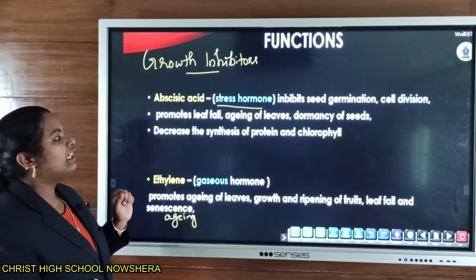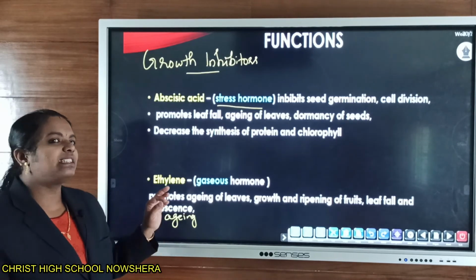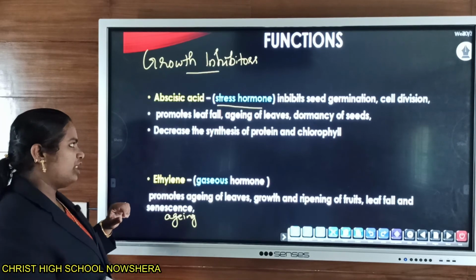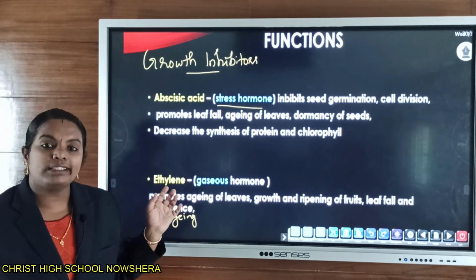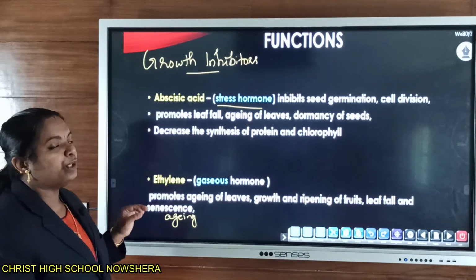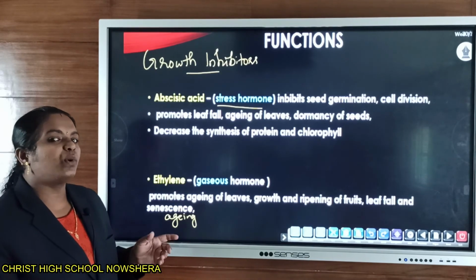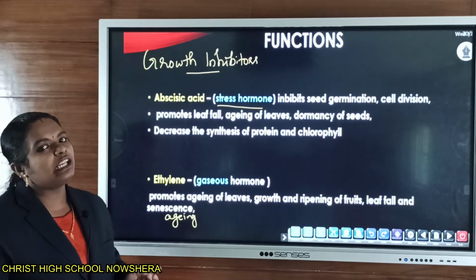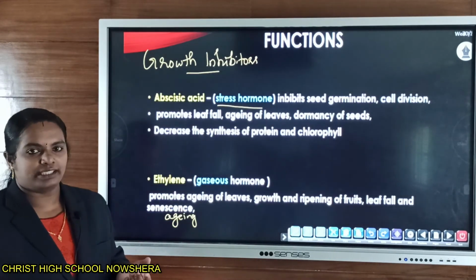Not only that, it also inhibits cell division, because they come under inhibitors. And it promotes leaf fall, not retards, it promotes or increases the rate of falling of leaves. Due to falling of leaves, aging will take place in the plant body, and it also leads to earlier death of the plant.